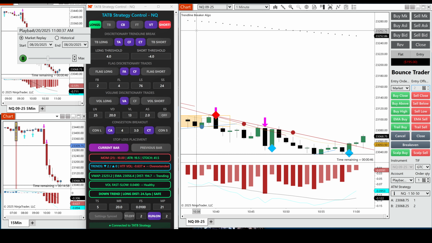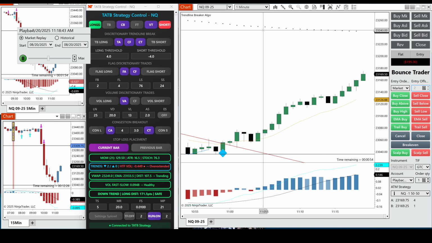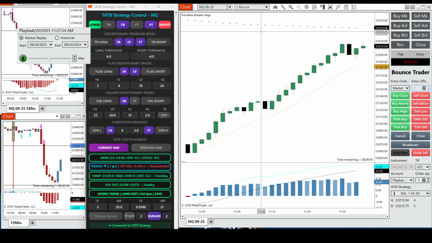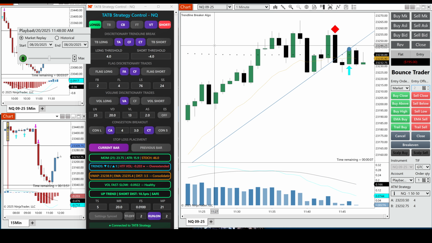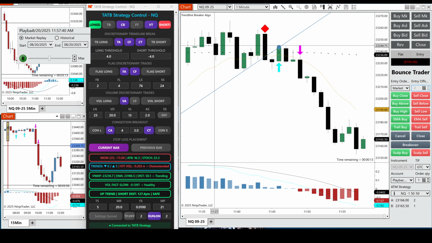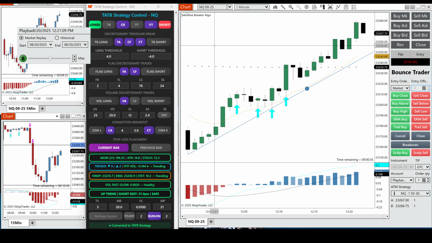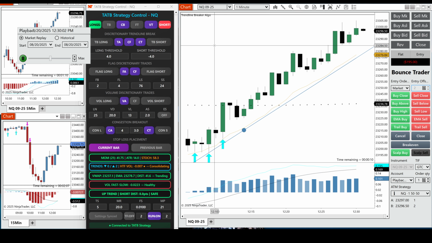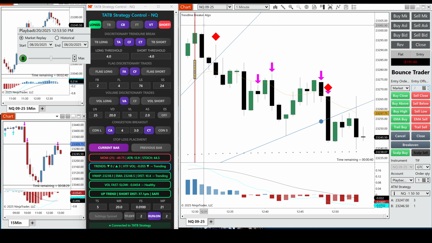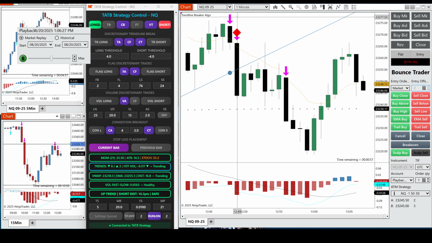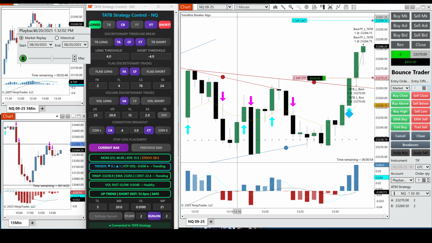Flag down trend line breakup setup. Volume up, volume down setup. Volume up, volume up setup. Trend line breakdown setup. Volume down setup. Volume up setup. Volume down setup. Trendline breakup setup.